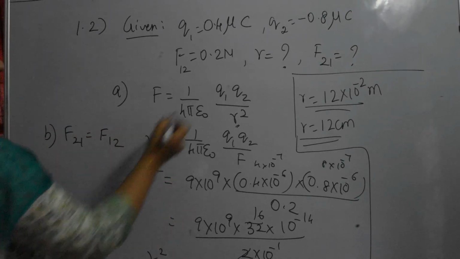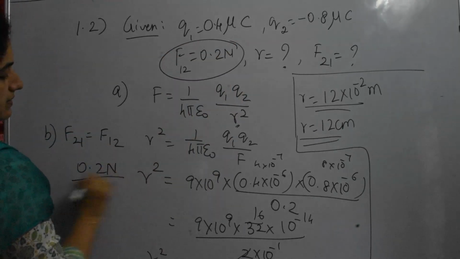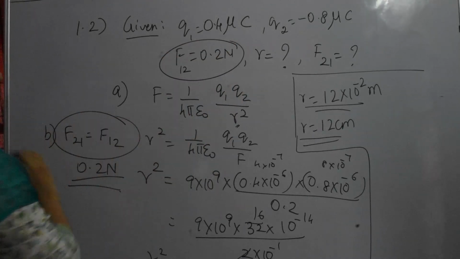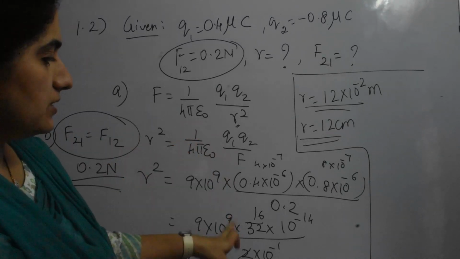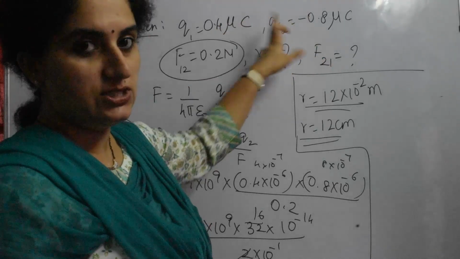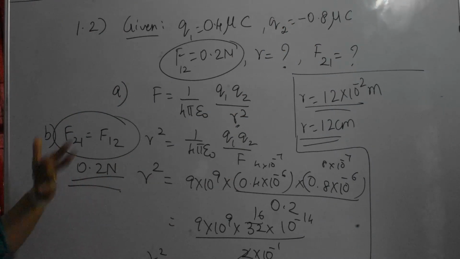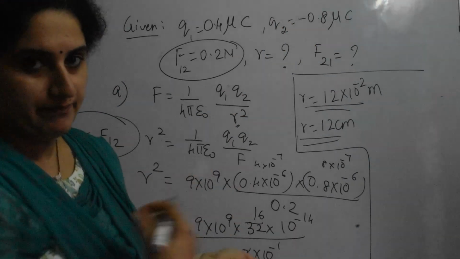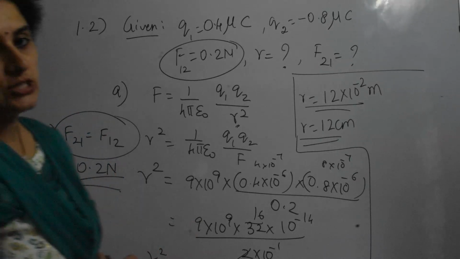So its magnitude will be what? 0.2 Newton. Attractive in nature. Why is it attractive? Both are opposite charges, Q1 and Q2. So it has to be attractive, but force experienced is one and the same. Newton's third law. So it has to be 0.2 Newton.